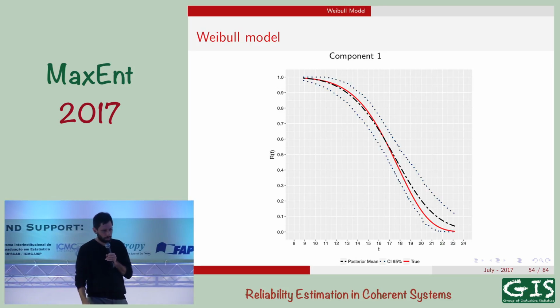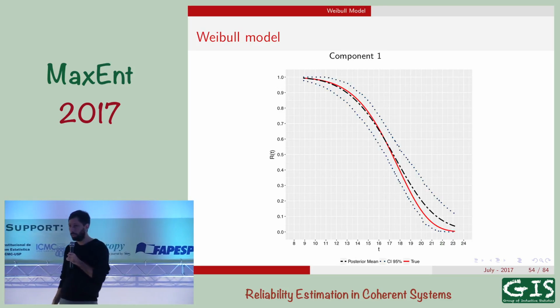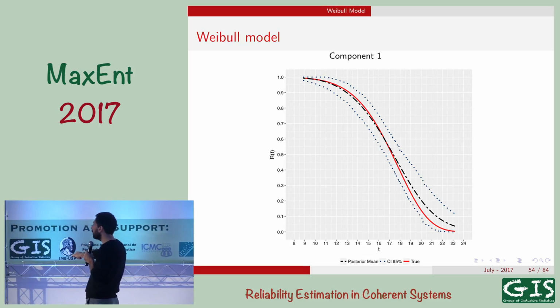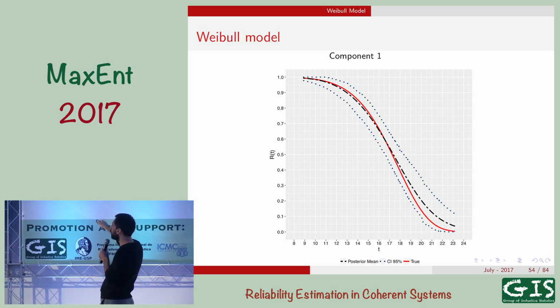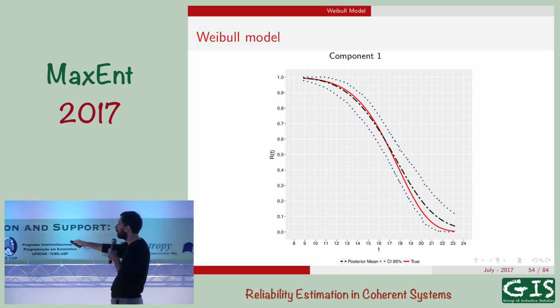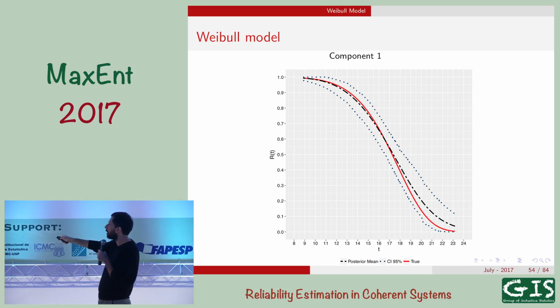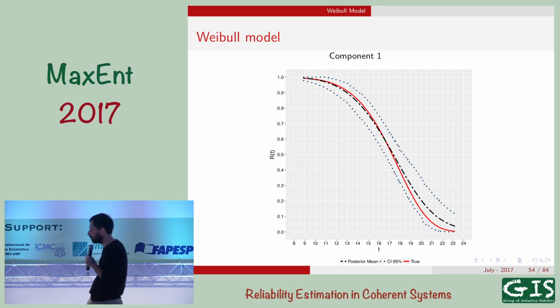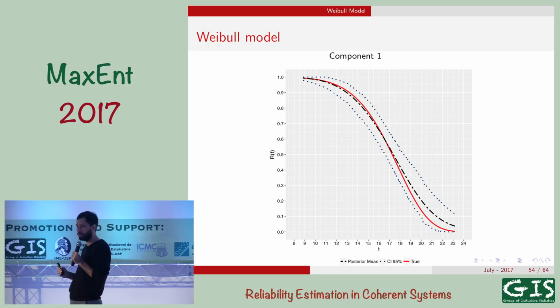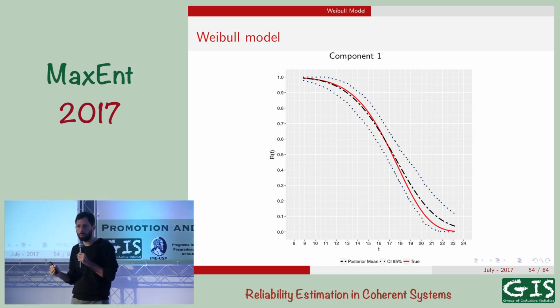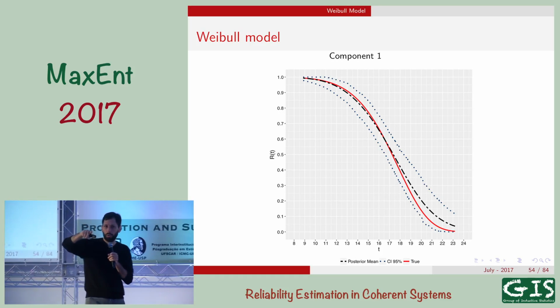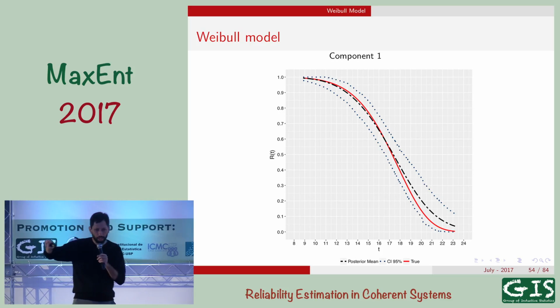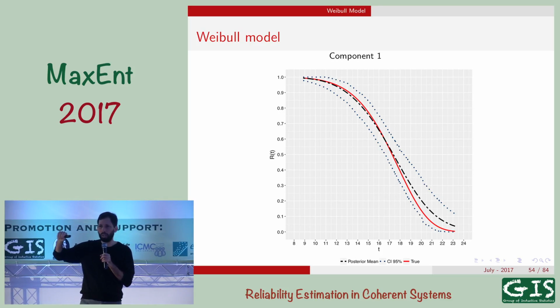And let's see some pictures. For component 1, the red line is the Weibull distribution function with mean 17 and standard deviation 2.8. The dash-dot line is our posterior mean. And now we can discuss a little better, because we were worried at some point in the non-parametric estimator whether we could have a good estimator for the points.